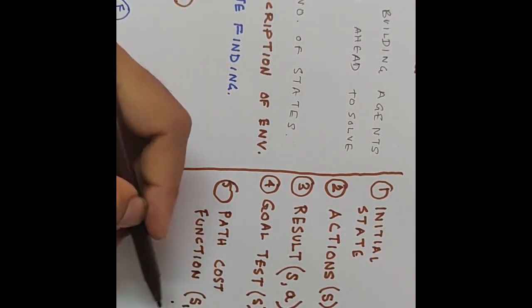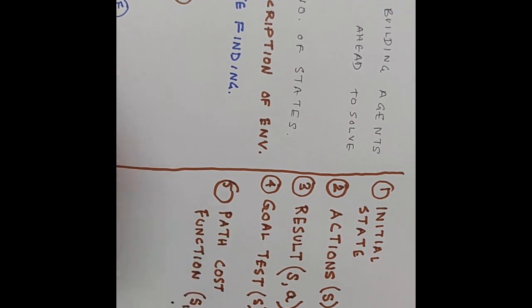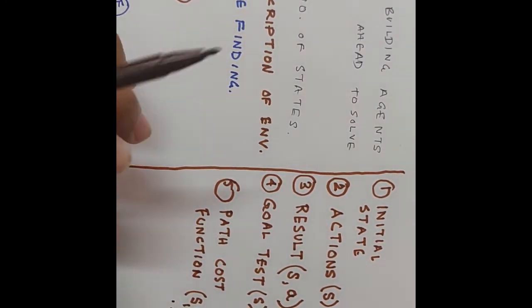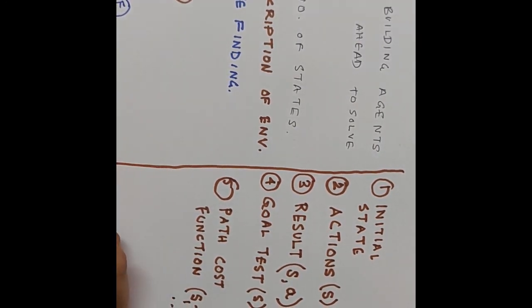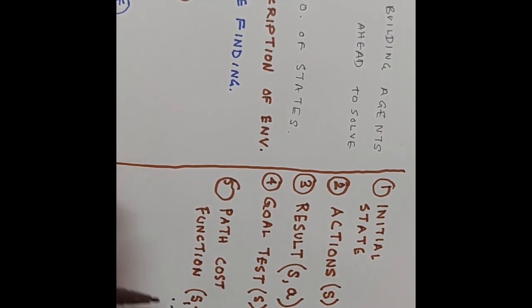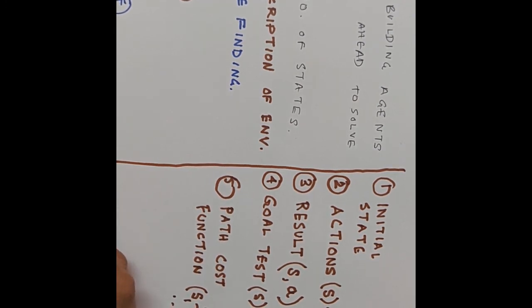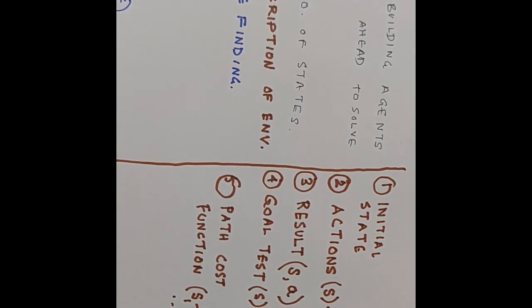And in all these, while I am following a path from S1 to S2 to S3, I am incurring some path cost. So this path cost function, if I give this function what path I have followed, I can get a number n which will tell me what is the cost that I have incurred.